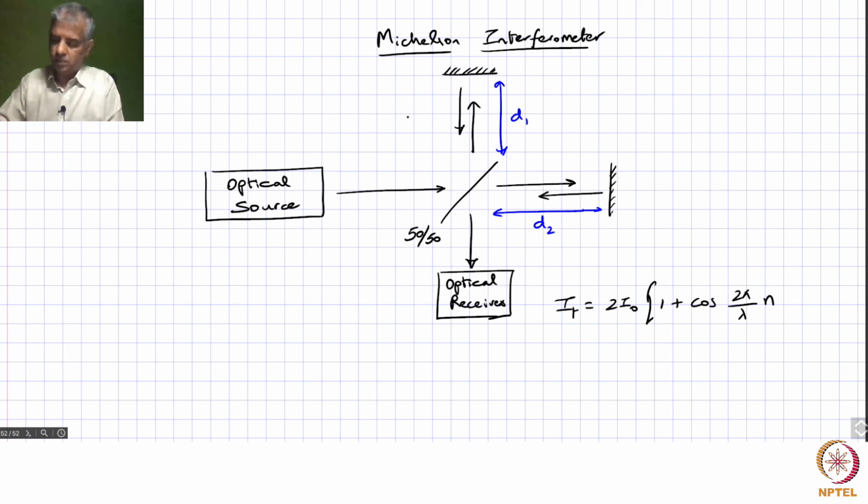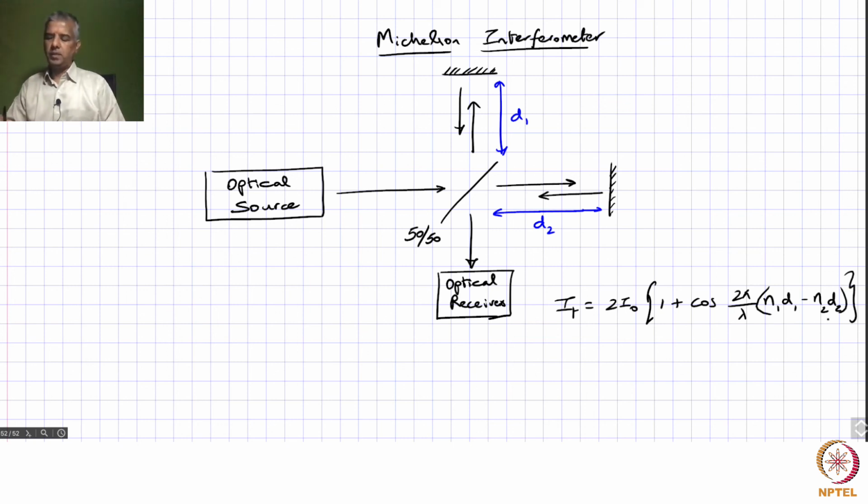So in general, you can write it as n1, the refractive index in path 1, multiplied by d1 minus n2 multiplied by d2.